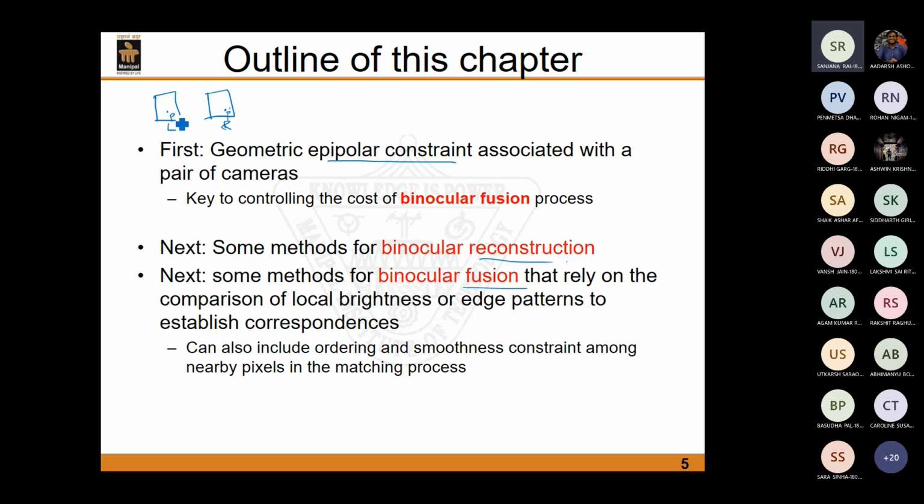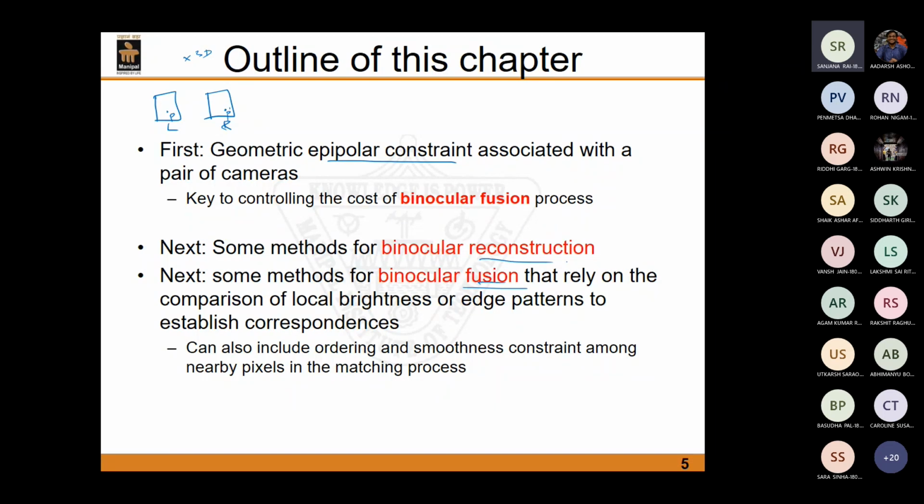Trying to find out which exactly is the point corresponding to the same 3D point capital P is the process you call binocular fusion. Fusion is nothing but trying to identify the corresponding points x and x dash.